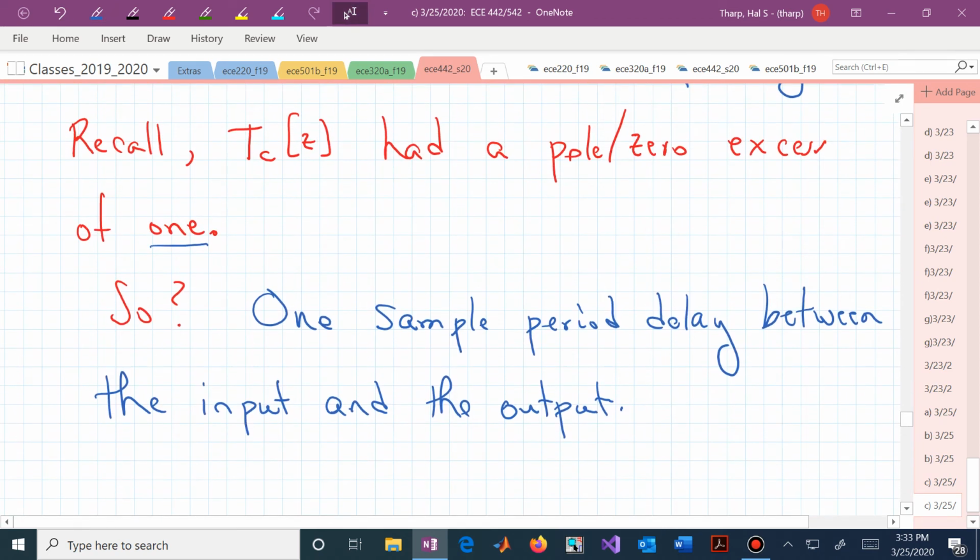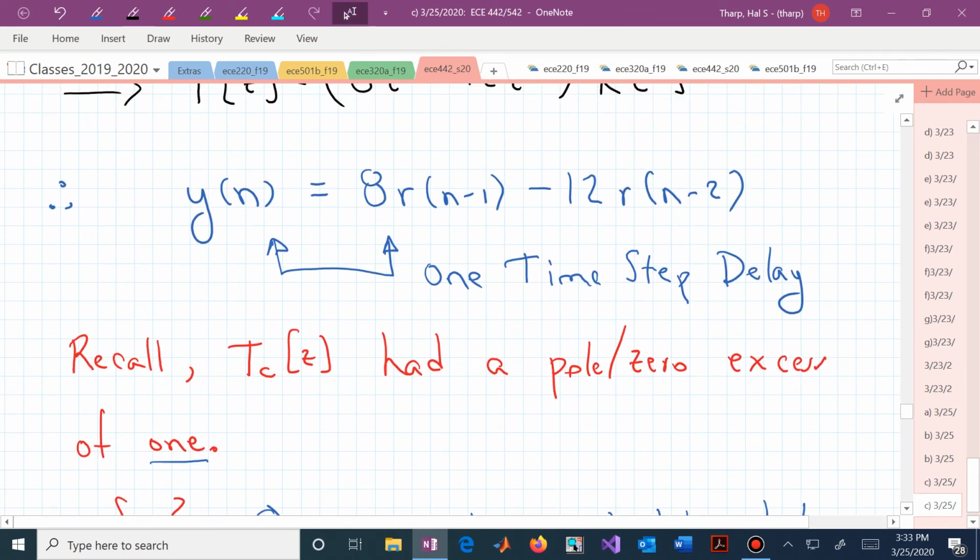So if we wiggled the input, we're not going to see that wiggle immediately at the output. We have to wait 1 time step. So we wiggle the input, 1 time step later, we see that wiggling at the output.